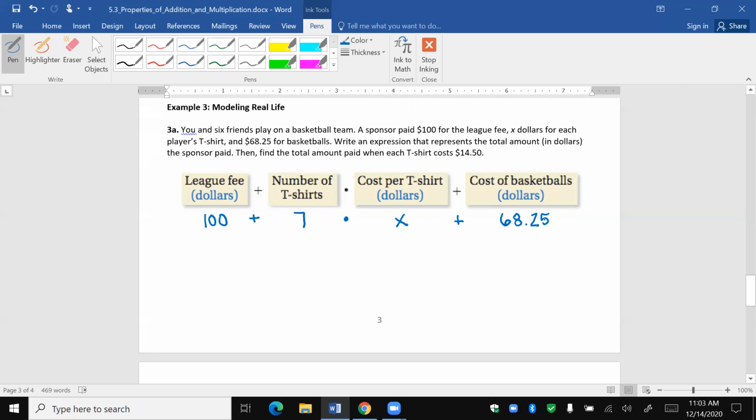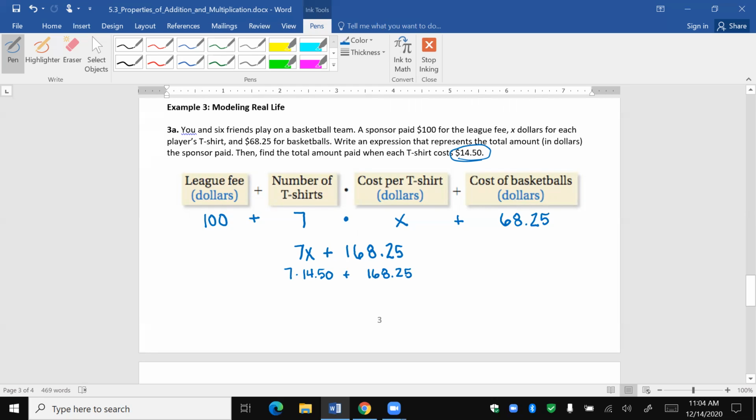Okay, so whenever I write this, I can combine my 7 times X as 7X. And then these other two, where I'm adding them together, I can do 168.25. So that would be my total expression. Remember that just means multiplication if there's no symbol, and then adding those two things that can be added. Then I want to plug in this 14.50, so 7 times 14.50 plus 168.25.